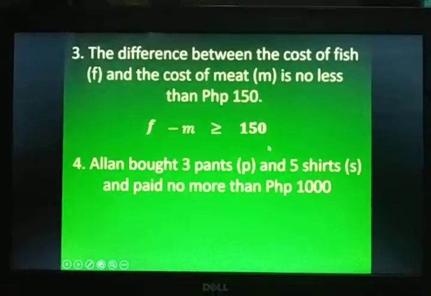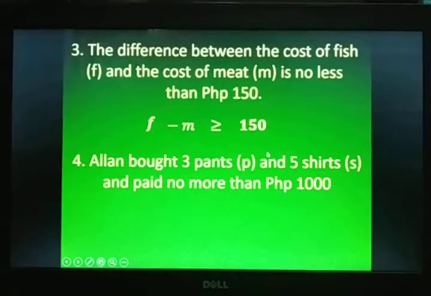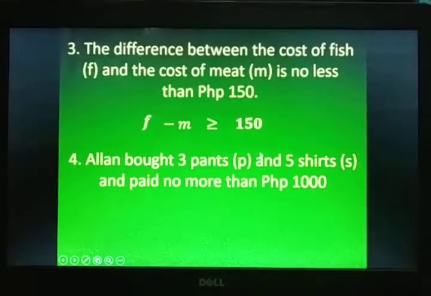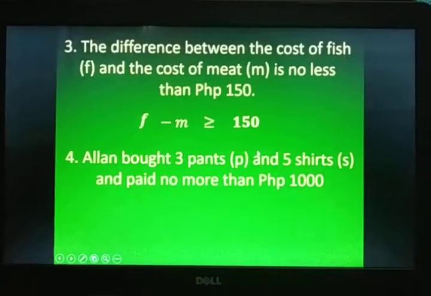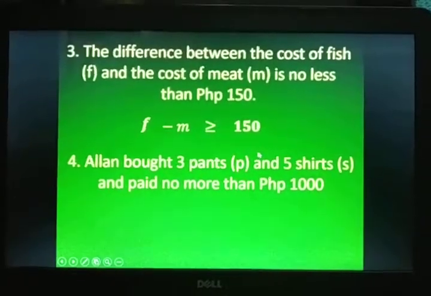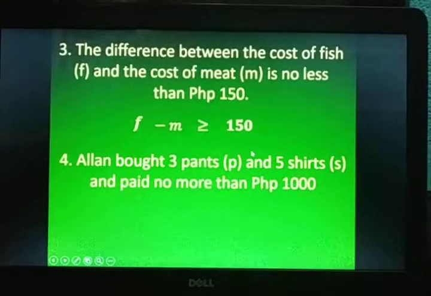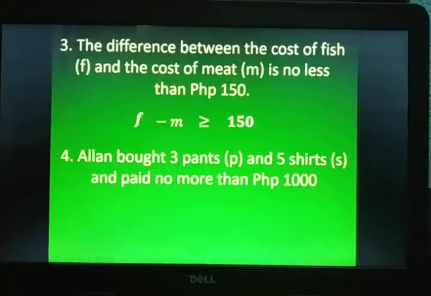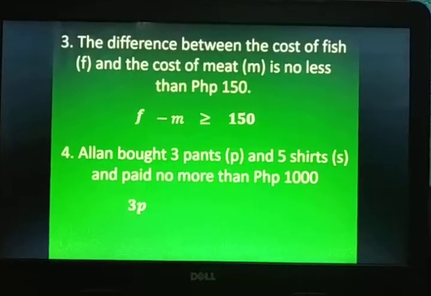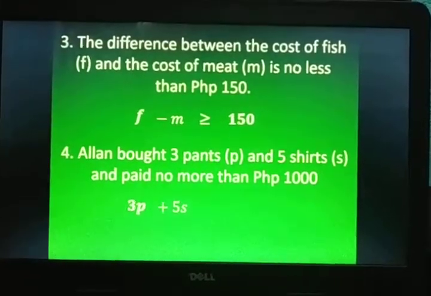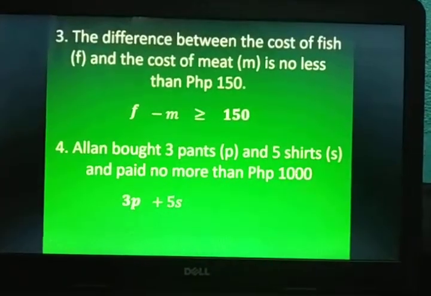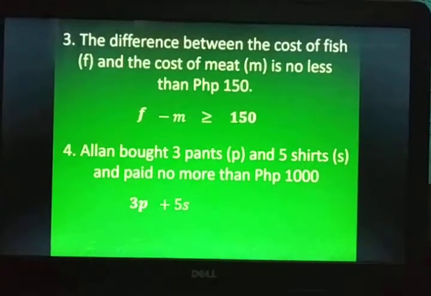Next, Alan bought 3 pants, P, and 5 shirts, S, and paid no more than 1,000. P for pants, S for shirts, and paid no more than denotes an inequality symbol. And so we'll have 3P plus 5S, plus because we will add them so that we can pay for both of them.